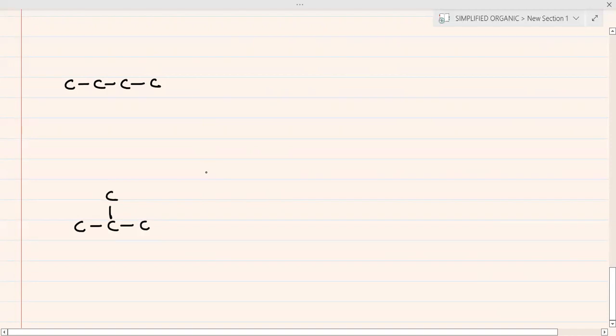I can represent 4 carbons in 2 ways, either in the linear form or with the branch form. Now, if I ask you to write the alkyl groups, either you can make a branch from this side, or you can make a branch from this side.